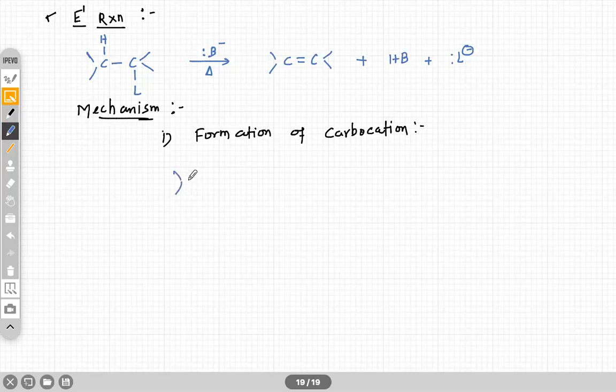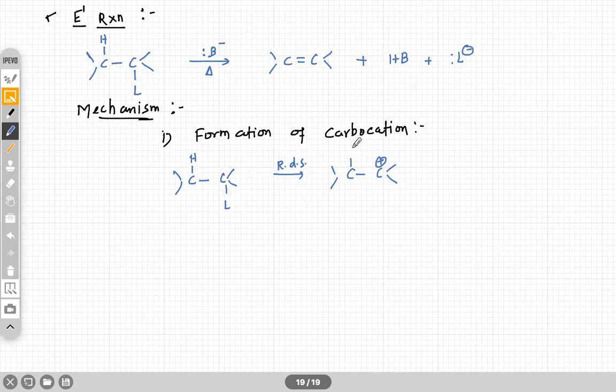So what happens in this, you see, carbon H here, carbon L, and in the first step, which is the RDS of the reaction, the rate determining step, this forms a carbocation. How? The leaving group goes out, plus L minus. This is the formation of carbocation, and when carbocation forms, there would be rearrangement also here, like hydride shift, methyl shift that we have discussed in the SN1 reaction. All these things are possible here also.